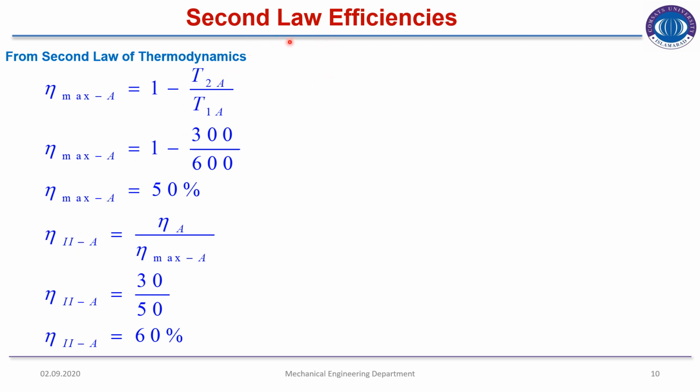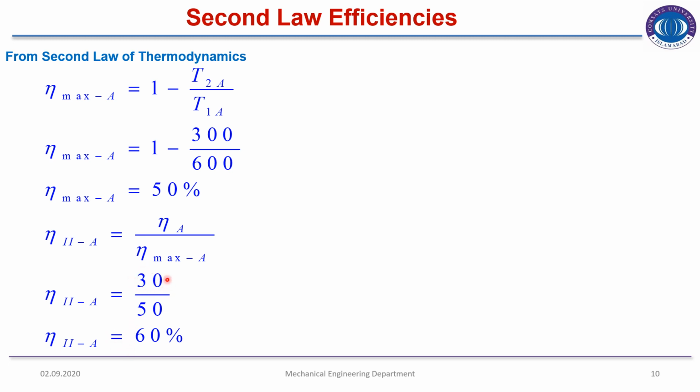To calculate second law efficiency, we divide the actual thermal efficiency by the maximum thermal efficiency that can be achieved. So we will divide 30 by 50, and it comes out to be 60%.